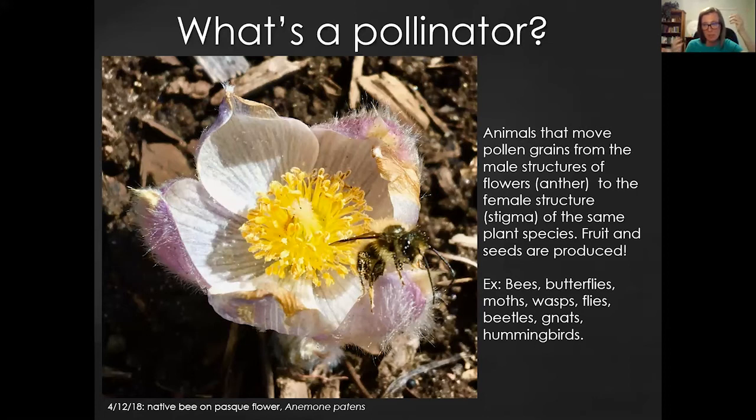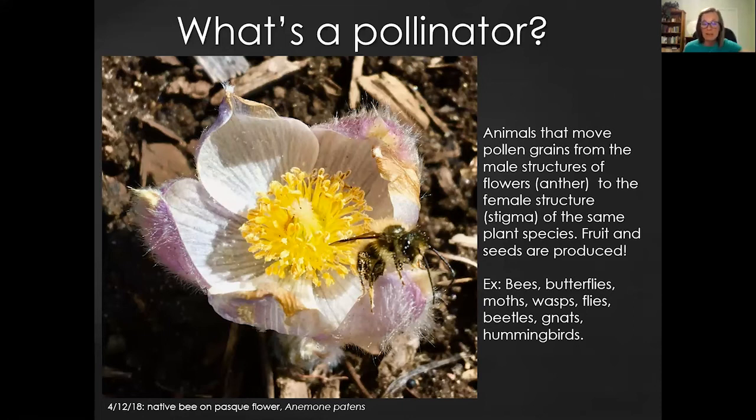And this is very simplified, where eventually those two pollen grains will go through a sort of germination phase, basically, and a little fruit is developed and a seed. So that's the super simplified version of what pollination is.